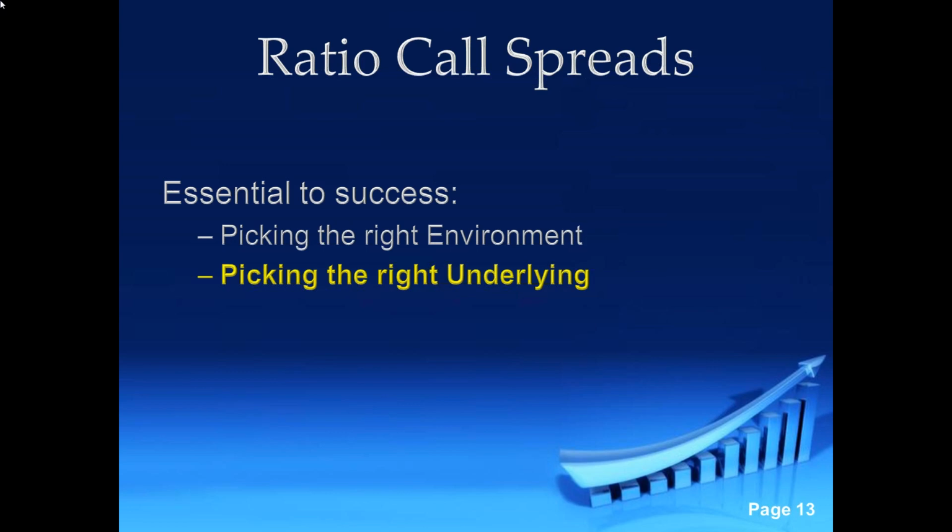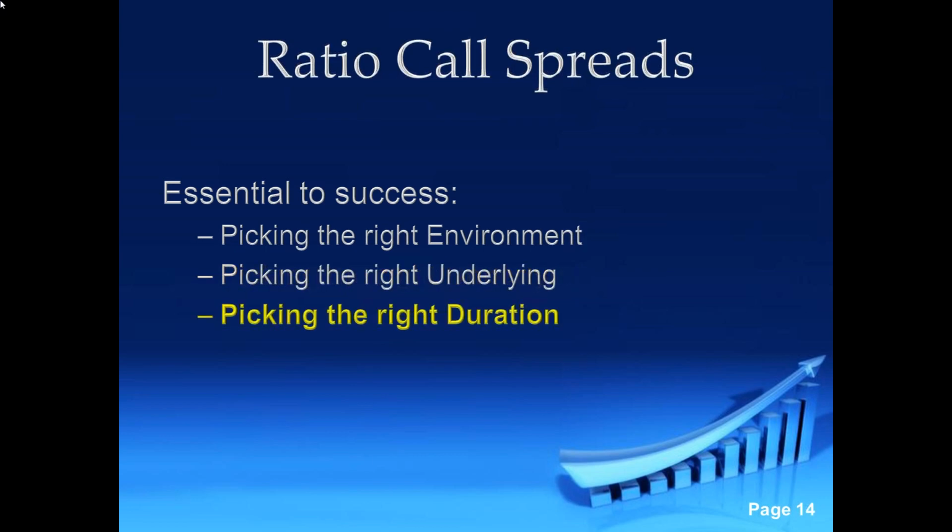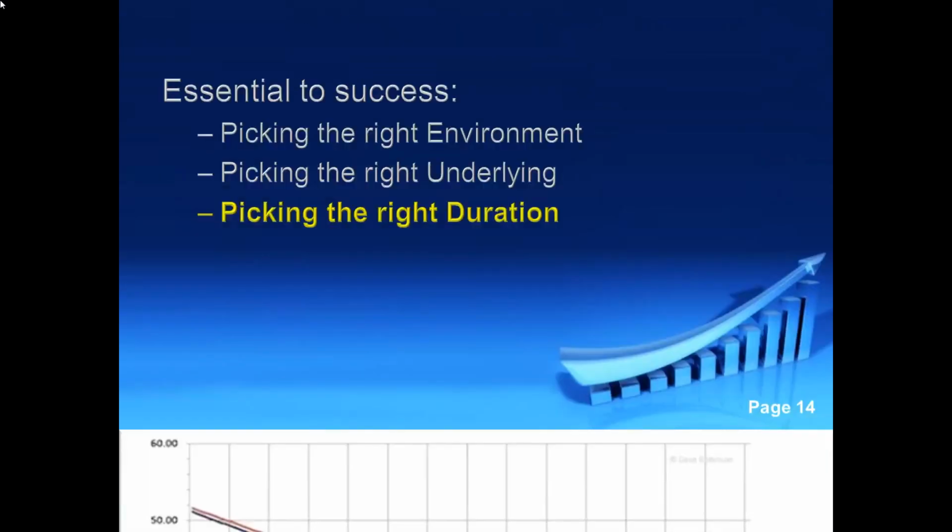All right. So picking the right underlying, tight bid ask, picking the right duration. We want some theta decay going on. All right. Because we have a credit. Anytime you collect a credit, you want theta to work in your favor. Theta is the thief in the night that comes and steals your premiums.